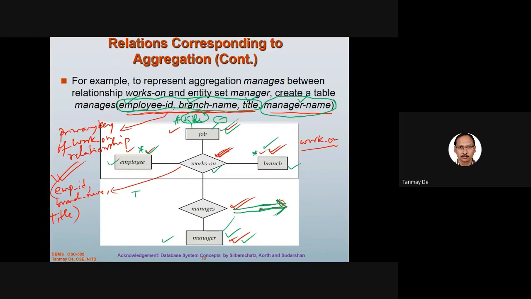The tables are, the first one is for the employee, second one is the branch, third one is the job, fourth one is the work on relation, fifth one is the manages, and sixth one is the manager.